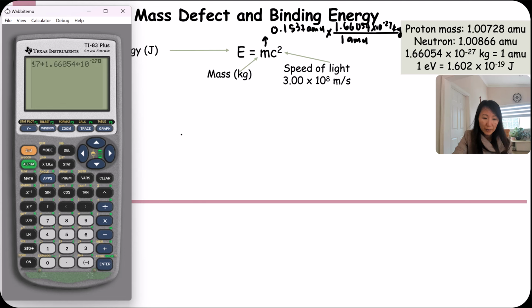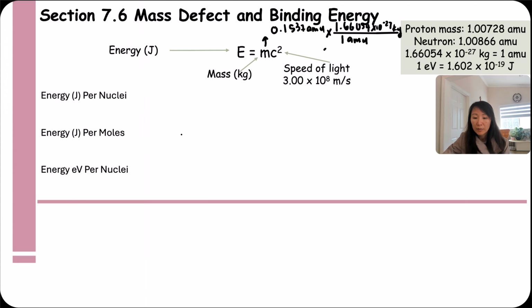Quite a big, small number. And I would get 2.552 times 10 to the negative 28. So I'm going to go up to 4 sig figs. So that would give me 2.553 times 10 to the negative 28 kilograms.